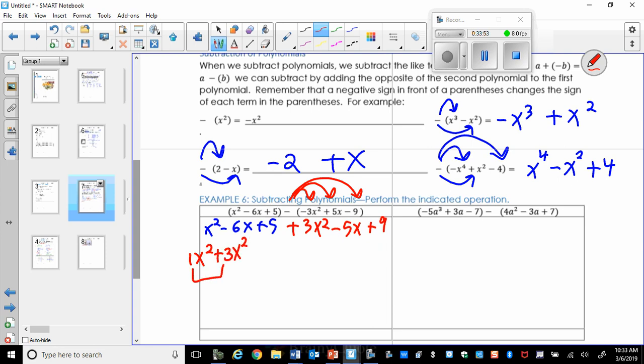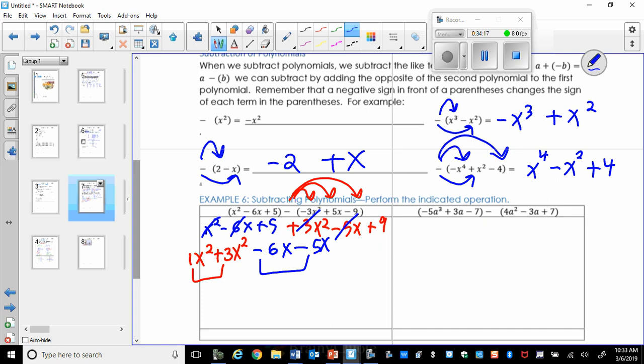And we're just going to connect those 2 numbers so I know I'm adding them. What's next? You carry your signs, right? So negative 6x, mark those out. Negative 6x minus 5x. And we connect our signs.